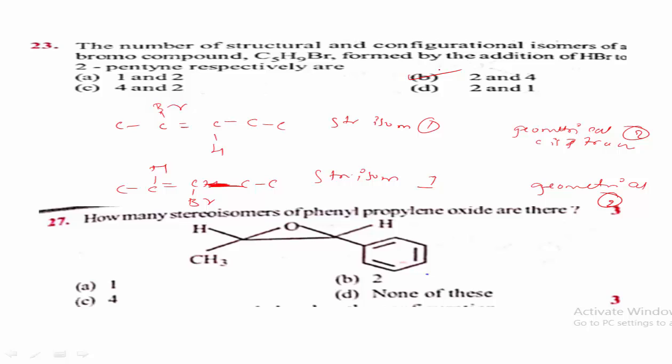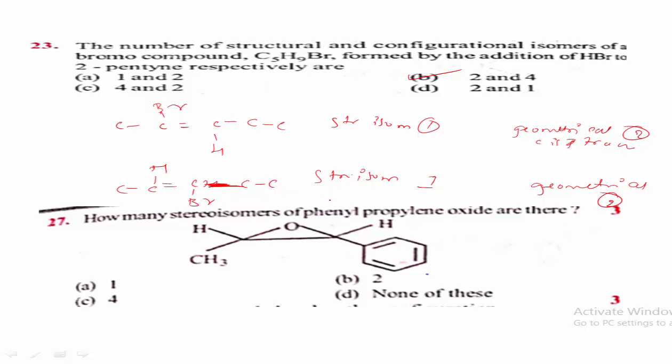Okay, students, next question number 27. How many stereoisomers of phenyl propylene oxide are there? Phenyl propylene oxide structures are given here. Observe the given compound carefully.